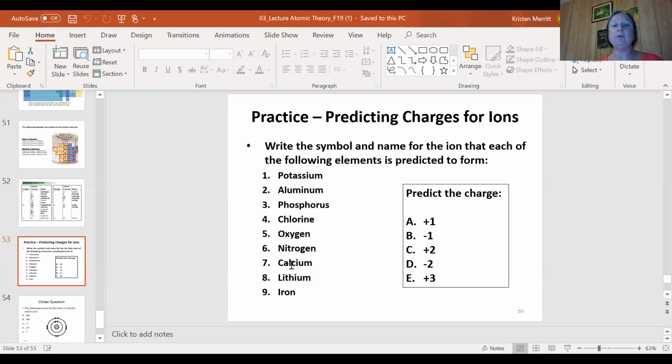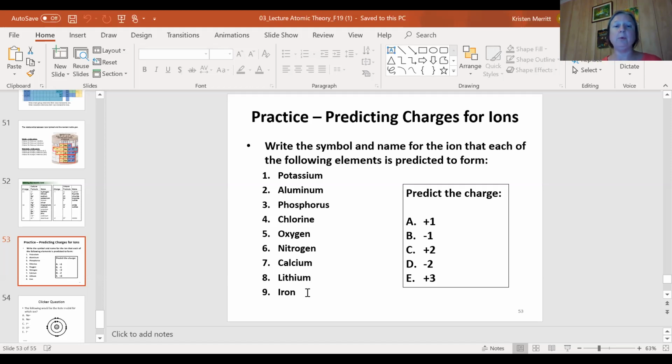So it's going to lose the 2, and therefore it has 2 fewer electrons than protons, and calcium is going to have a +2 charge. Lithium is the second period in group 1A, just like potassium. Potassium's a little further down, but everything in group 1A is going to lose 1 electron and have a +1 charge.